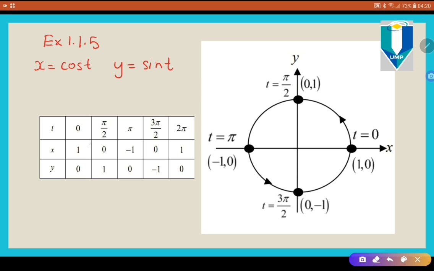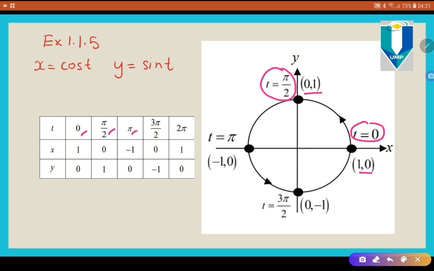When t equivalent to 0, the point is at 1, 0, so x equivalent to 1, y equivalent to 0. When t equivalent to pi over 2, the point is 0, 1.